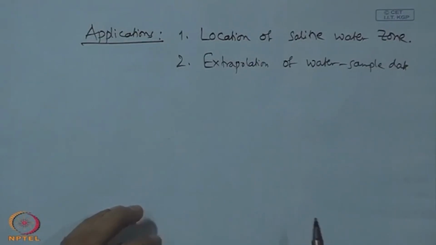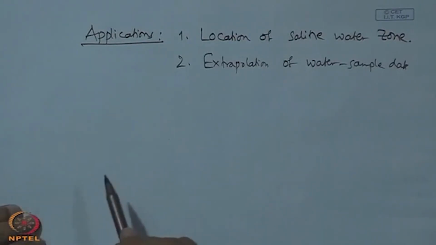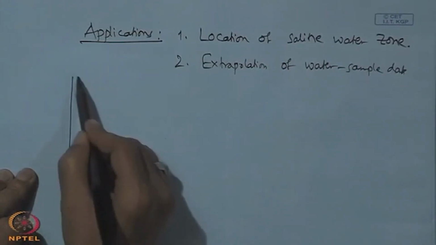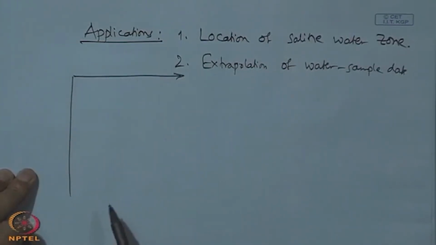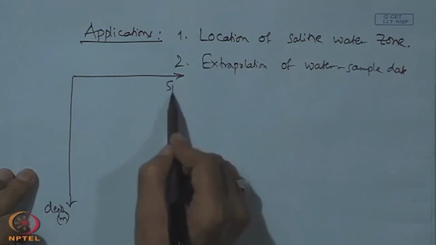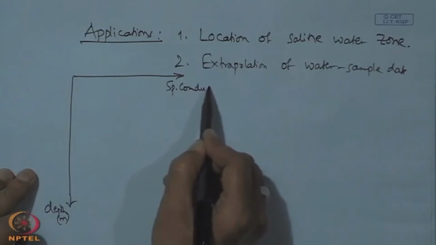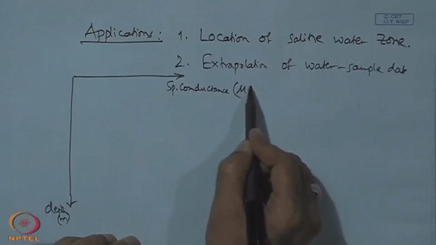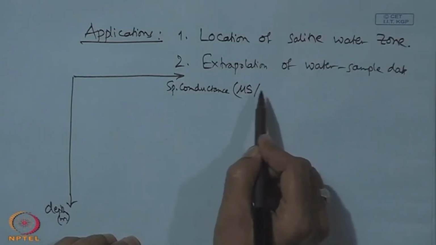Say, for example, a typical fluid conductivity log will have the depth in meters and then the specific conductance in microsiemens per centimeter.